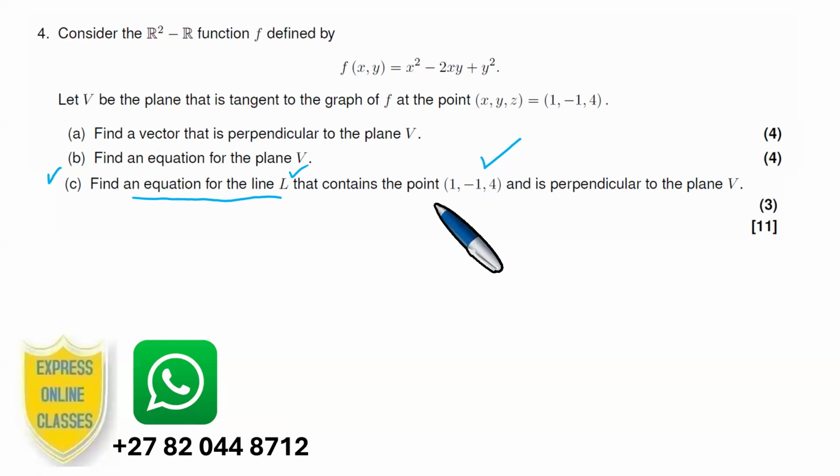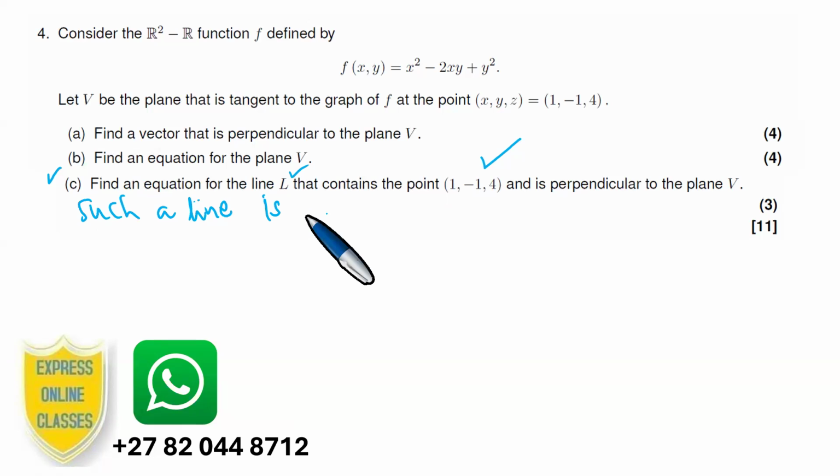To find the equation of a line, we do the following. We say such a line is parallel to, because it is perpendicular to the plane.